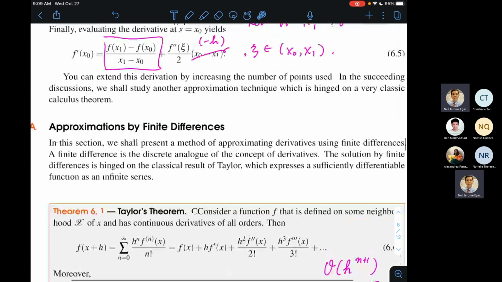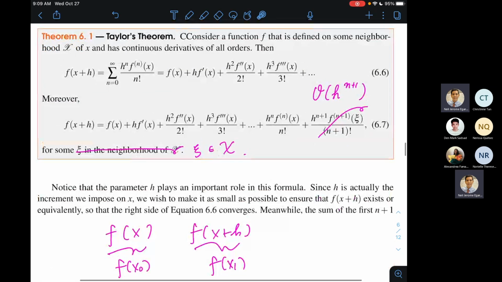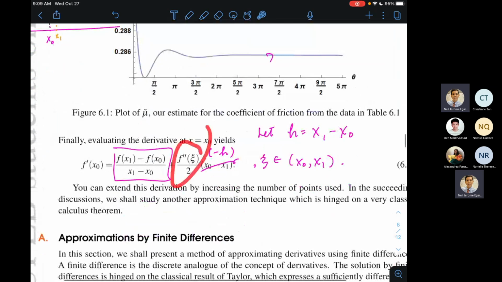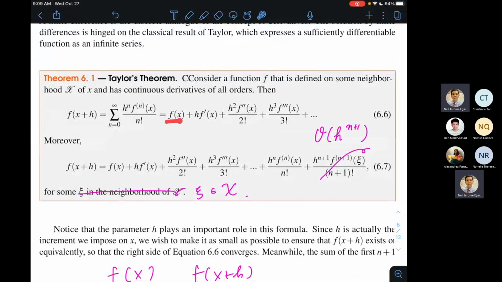Balikan natin yung formula na gusto nating i-recreate. Meron siyang f double prime. So involved yung second derivative sa kanya. So ibig sabihin dito, kasi yung second derivative, yung nagbigay ng error term, so at least here I'll know that I'll keep f of x, I'll keep h times f prime of x para makuha ko yung f prime pumunta sa left-hand side. Tapos i-retain ko rin to kasi yung f double prime, siya yung nagbibigay nung error term.